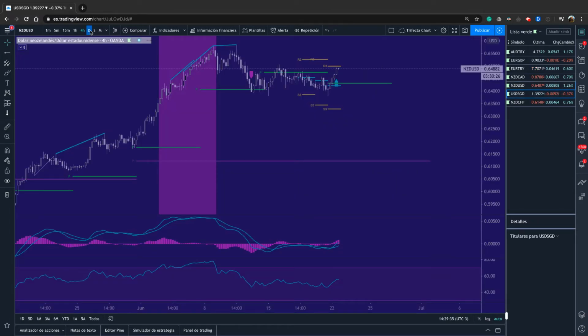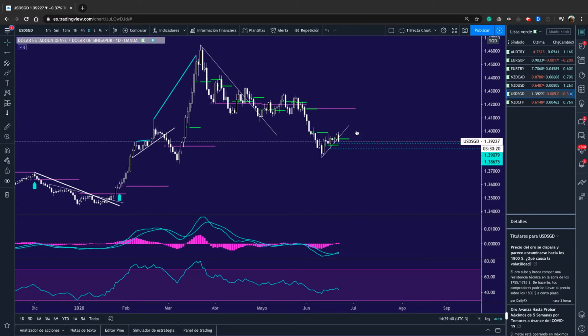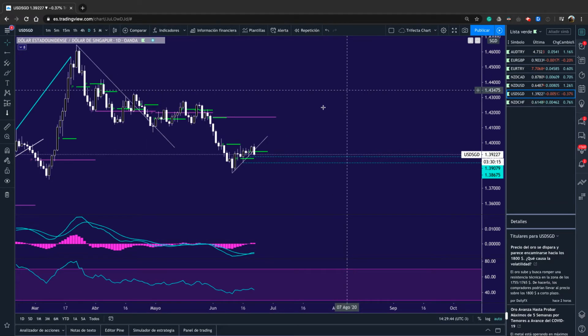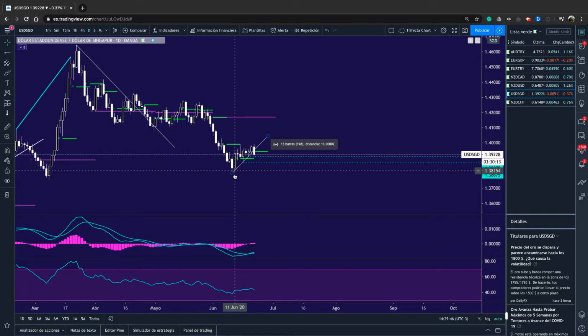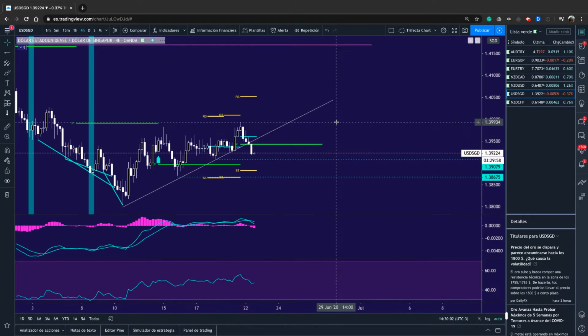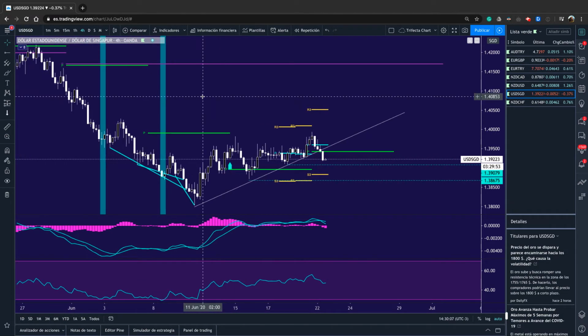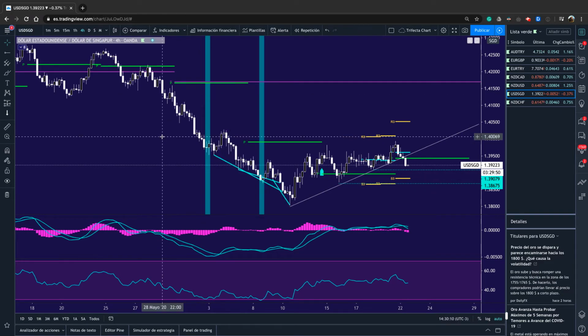The USD against the Singapore dollar, here we have an interesting situation also. The price is moving downwards. We have an upwards movement. We have this pivot of June as a target, and two weekly pivots. And here we have the 4-hour chart now, and we can see that in the 4-hour chart we have a complete setup with everything that we want to see.